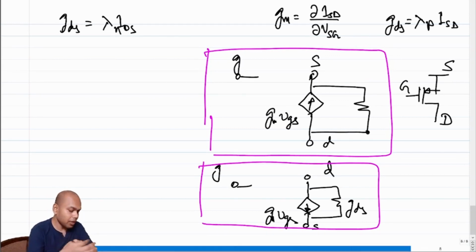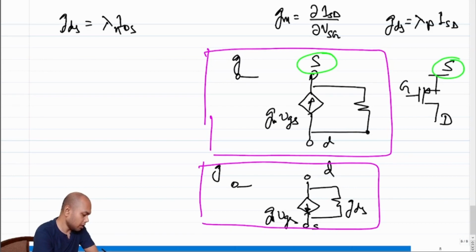But you can use either. We won't make any distinction if you choose to use the same model. But I personally prefer the model on the top, because there is a relation between the incremental model and the actual transistor. In the actual transistor we tend to put the source on top, and in the incremental model the source is on top.